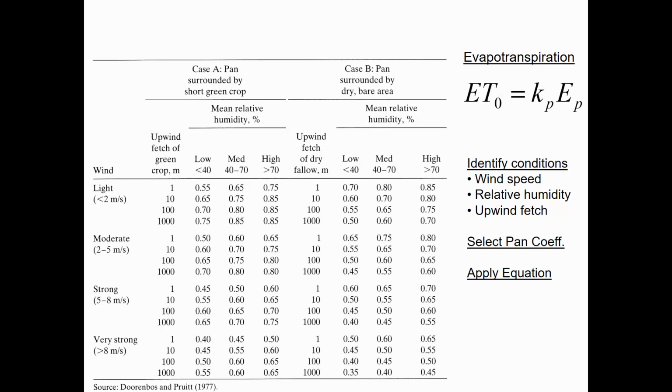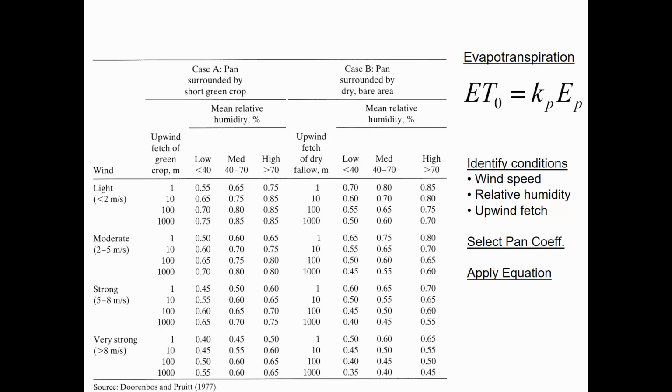So don't be confused by changes in Kp and what you know about how the evaporation in the pan would be happening. Just to put that another way, we know from our previous discussions that heavy winds is going to have a lot of evaporation compared to light winds.